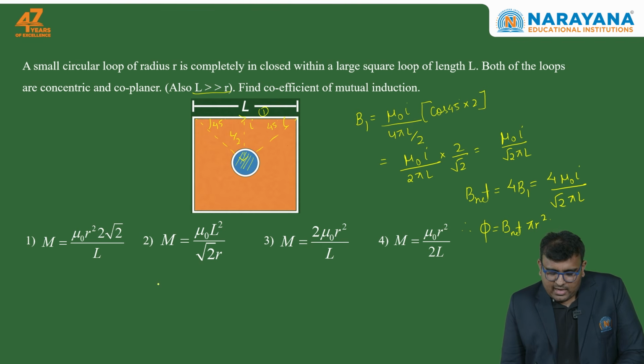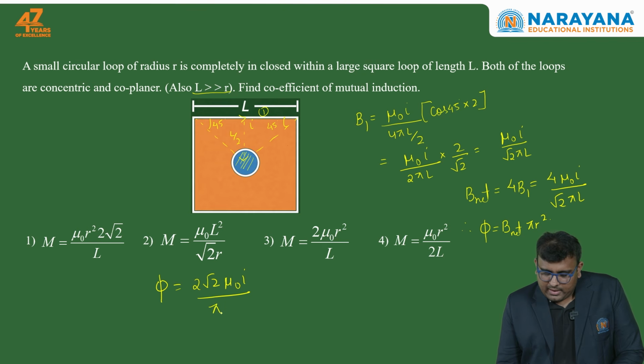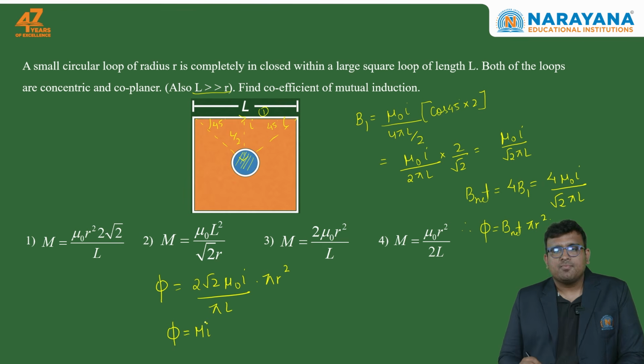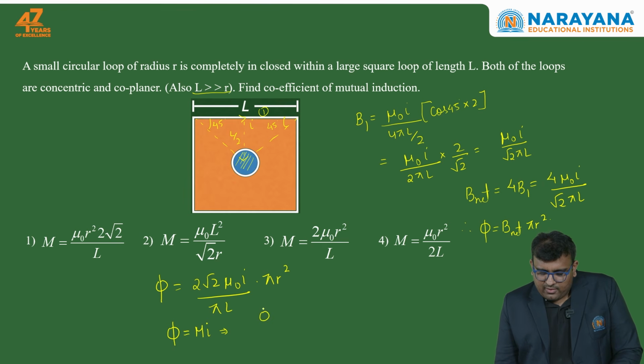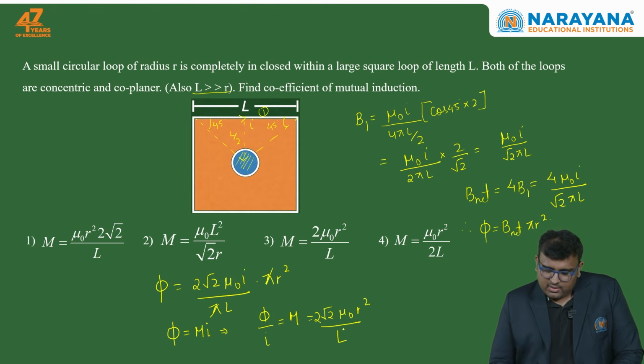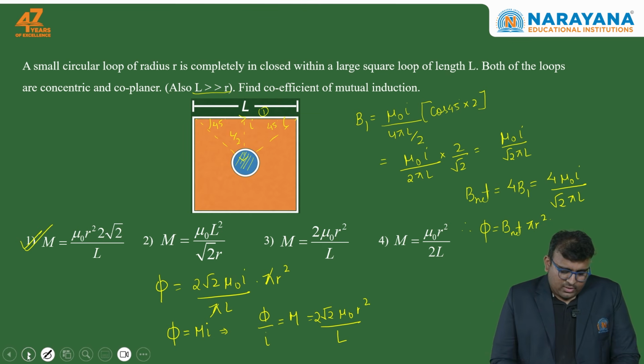That would be equal to 2 root 2 mu naught I by pi L into pi r square. I can relate this equation with phi is equal to M I. From here, I can say phi by I will be equal to M. So pi got cancelled. This comes out to be 2 root 2 mu naught r square by pi L, which is the first option. Let's go on to the next question.